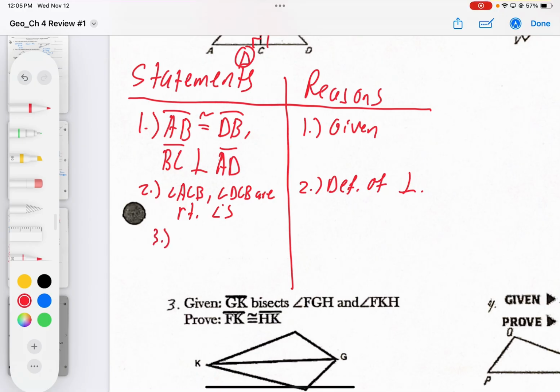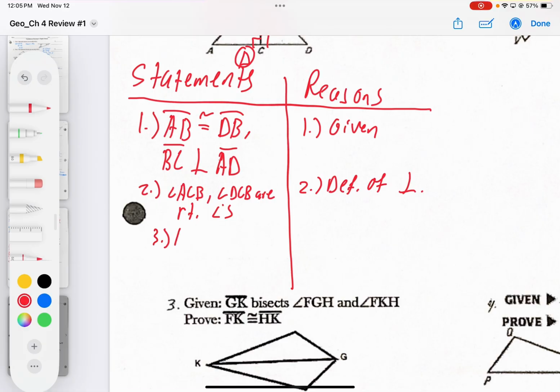So from here, once you state that they're right angles, you're either going to state that those angles are congruent to each other, or that the triangles are right triangles. Since Parker said we need to do HL theorem, which route do I take? Right triangles. I need to state that they're right triangles. That's the other piece of HL theorem. I'm going to recopy the exact same statement I have for 2, but everywhere there's an angle, write a triangle.